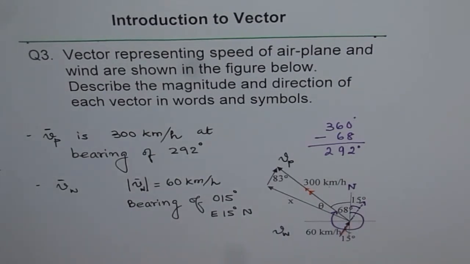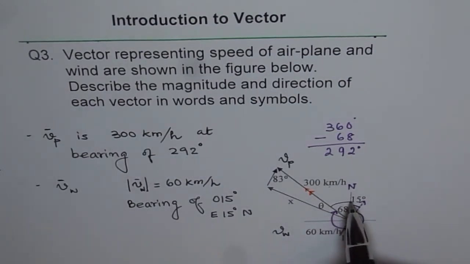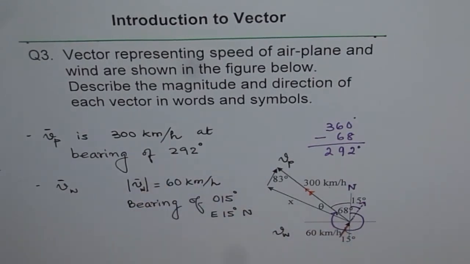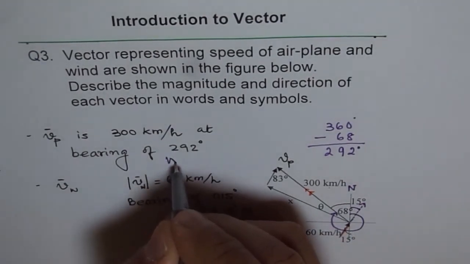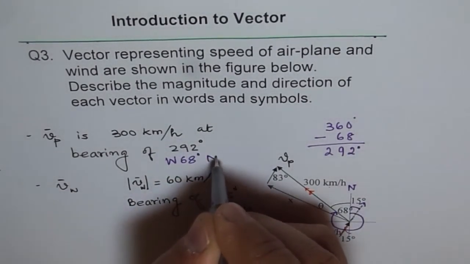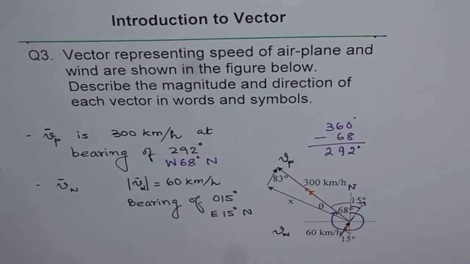That's another way of writing. Similarly, we could have written this angle, which is 68 degrees and from north is towards west, as west 68 degrees of north. Do you understand? We could have written it like this also.